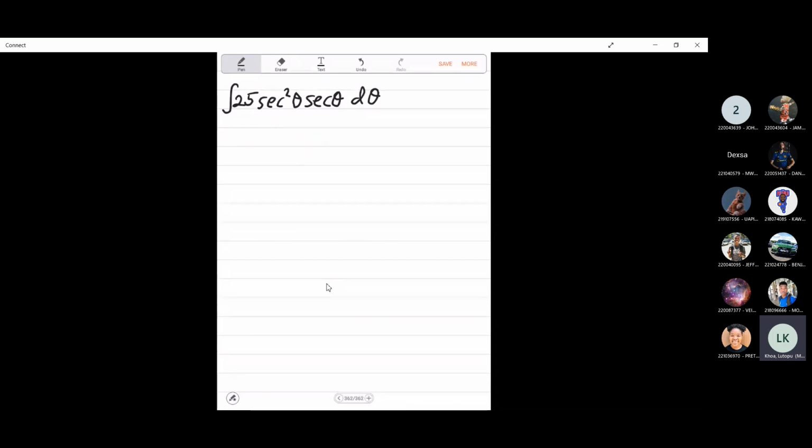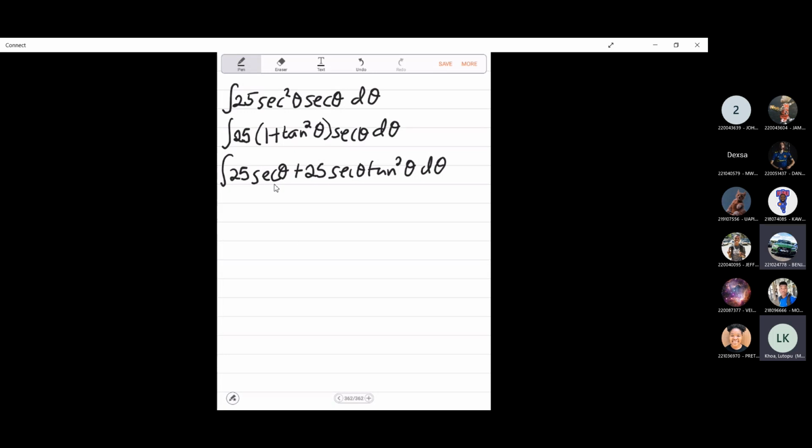And then sec squared we write in terms of tan. So the integral of 25 times 1 plus tan squared theta sec theta d theta. Multiply out, we have 25 sec theta and then 25 sec theta tan squared theta d theta. So this one, we know the integral is just ln of sec theta plus tan theta.